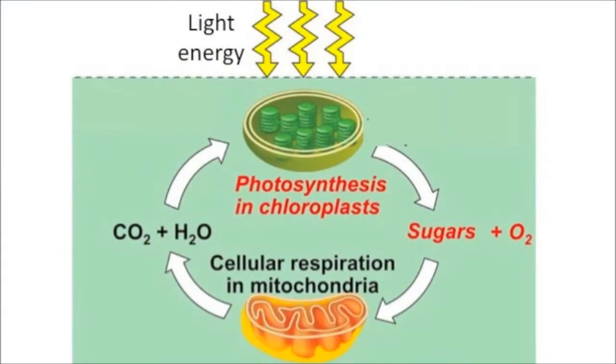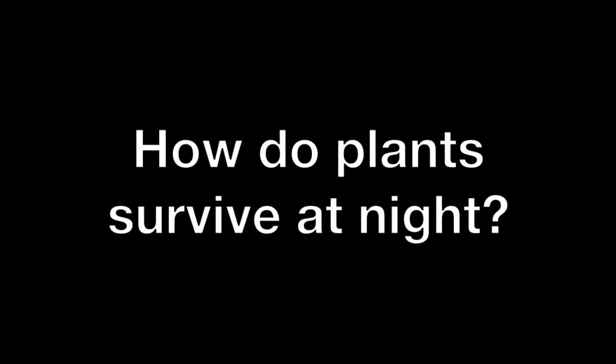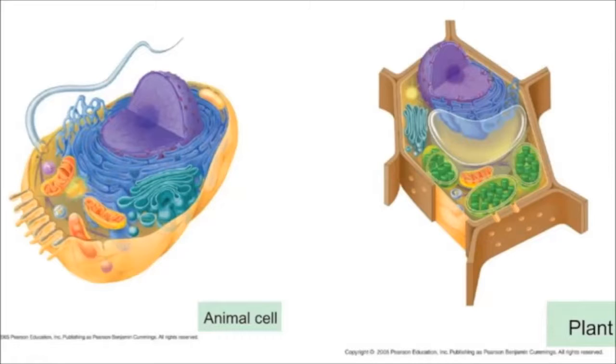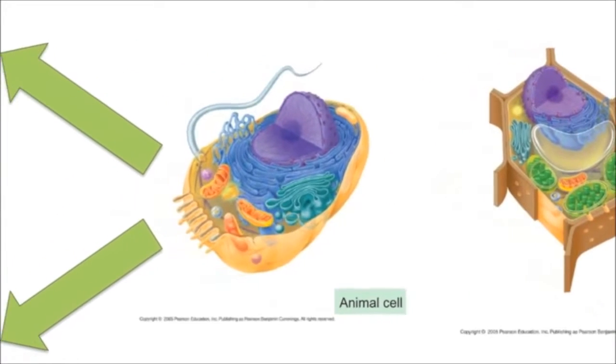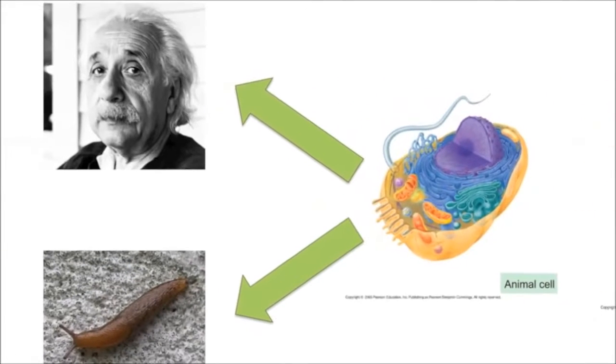Given our knowledge of the relationship between photosynthesis and respiration in plants, one should ask, how do plants survive at night? The cell theory states that all living organisms are comprised of cells. Plant and animal cells are both classified as eukaryotic cells.